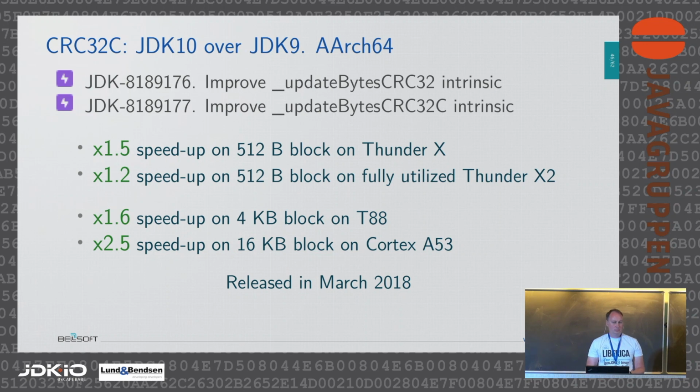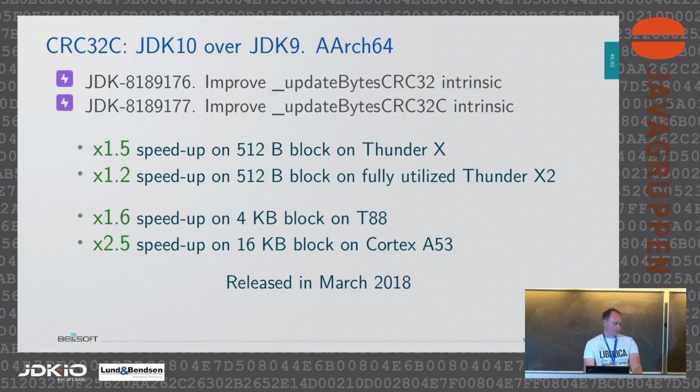So those were improvements. We measured them, we committed them, and you can get them in JDK10. JDK10 is released, and if you download or build your ARM 64-bit JDK, you'll get those improvements.